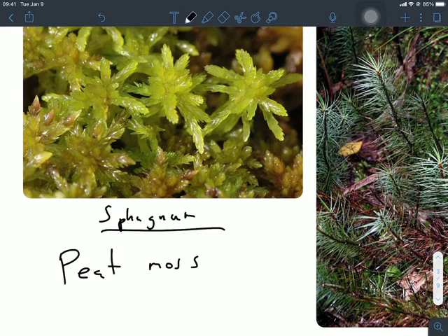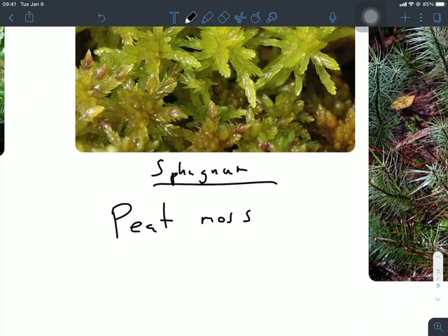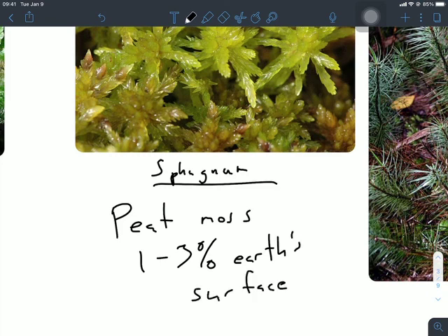So quite a large number of species for one single genus, but they're very notable because something like 1 to 3% of Earth's surface is occupied by environments that are shaped by peat moss, things that we call peat bogs.